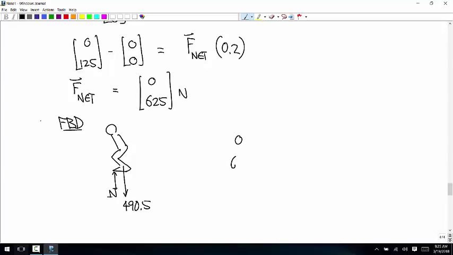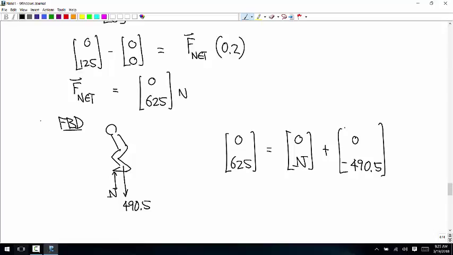So (0, 625) is equal to (0, N) plus (0, -490.5). And the y equation there says N is equal to 490.5 plus 625, which is 1,115.5 newtons.